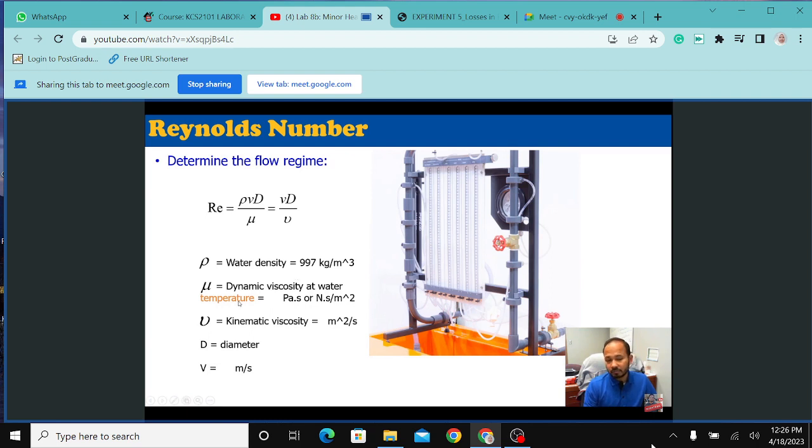If we take the water temperature, we can find mu, and then we can also find the kinematic viscosity. The diameter is given for the pipes, and for velocity we can collect the water and divide it by the cross-sectional area, so we can find the Reynolds number. The Reynolds number for this lab will be used to determine whether your flow was turbulent or laminar.